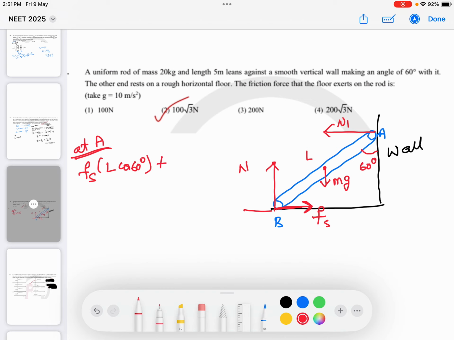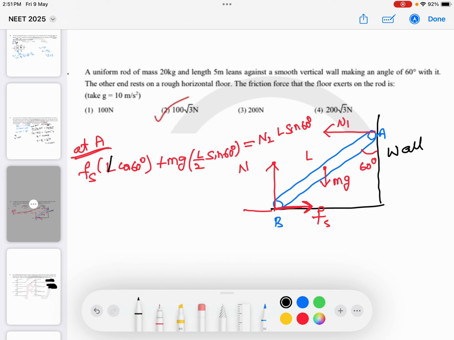In a similar fashion, mg is also a force acting at the center of gravity, with distance L by 2 into sine 60 degrees, which is equal to N2 into L sine 60 degrees.